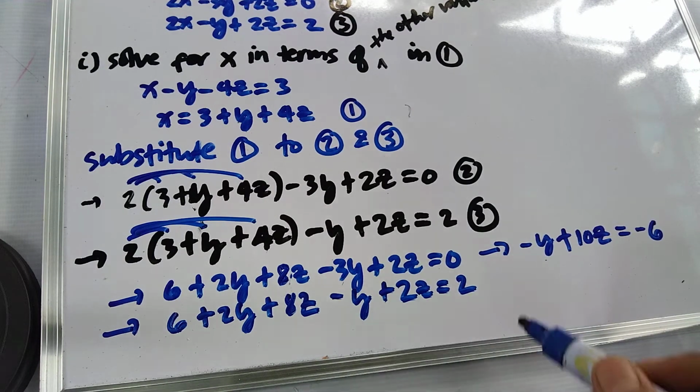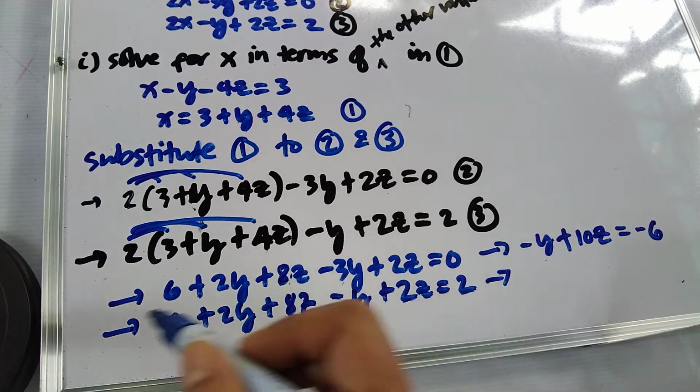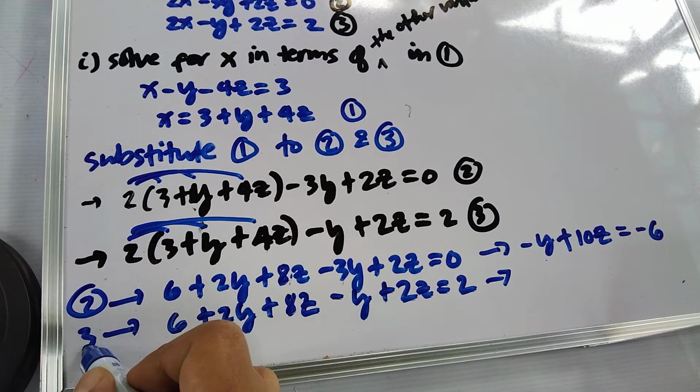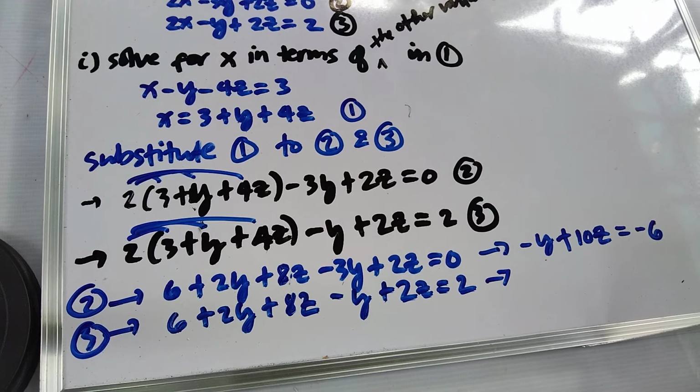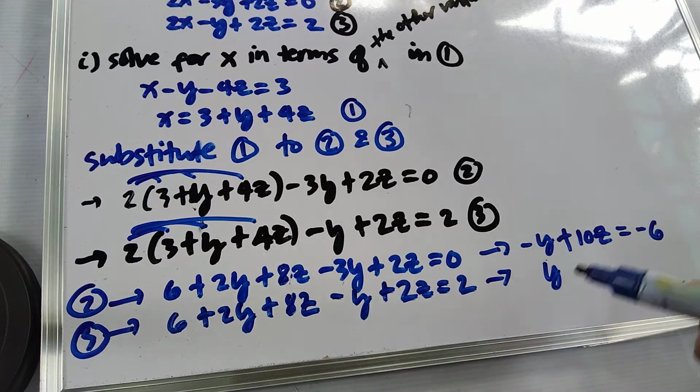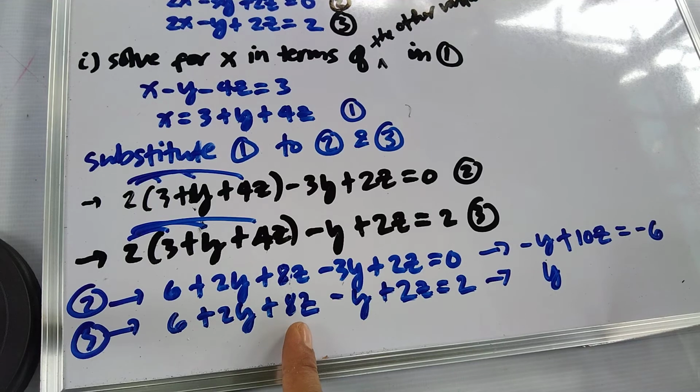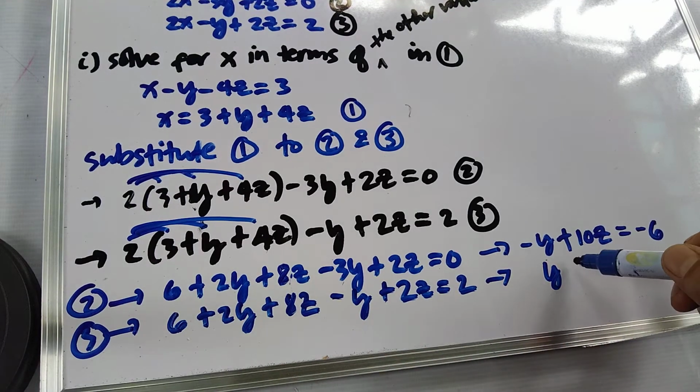Okay. How about the equation 3? This is equation 2. This is equation 3. Here, again, you look for a combination. 2y minus y, you have y. How about z? 8z plus 2z, you have plus 10z.